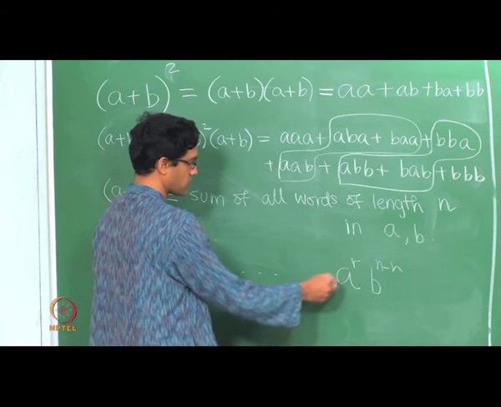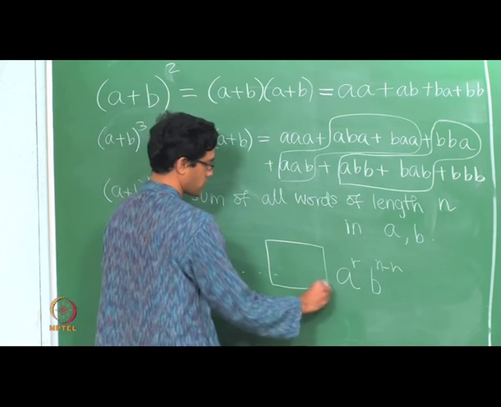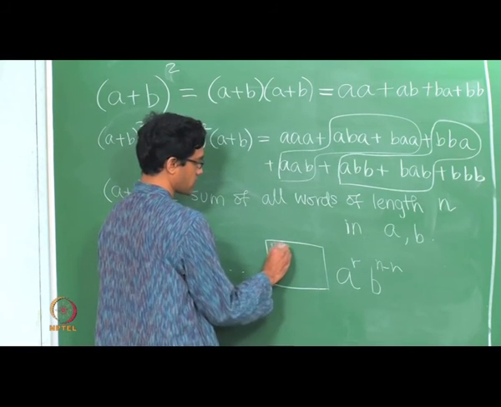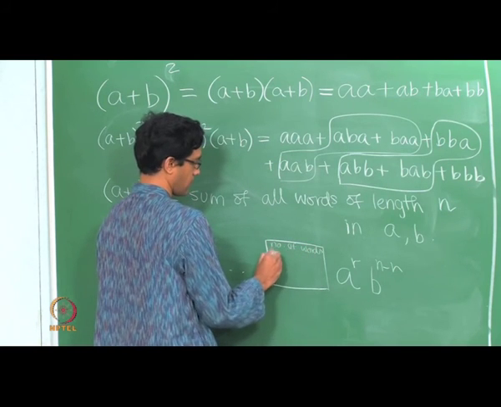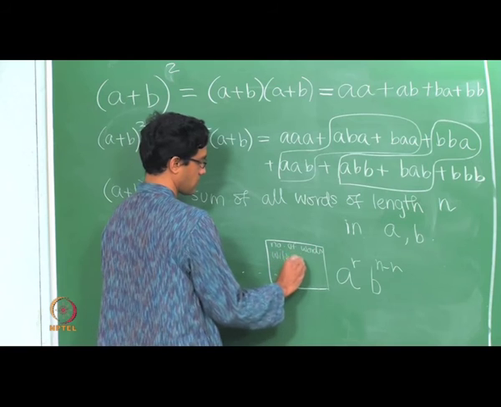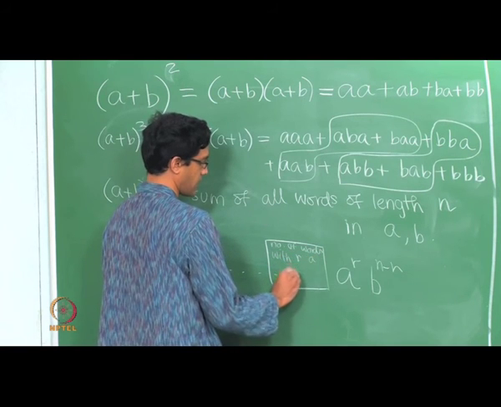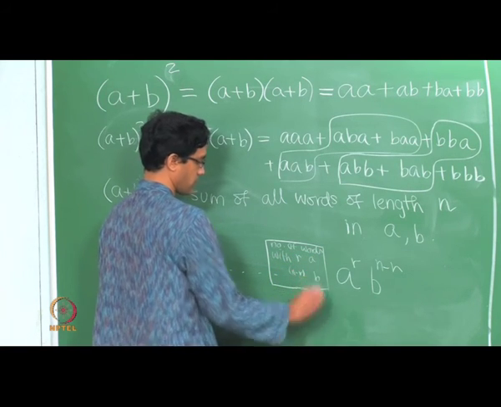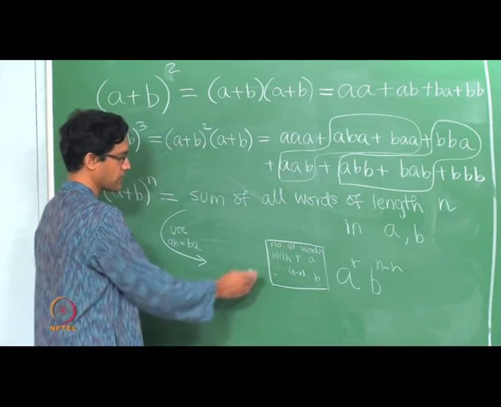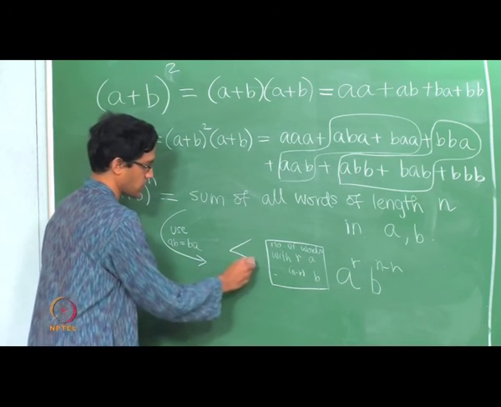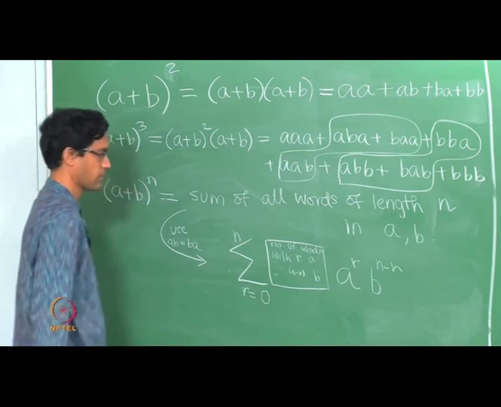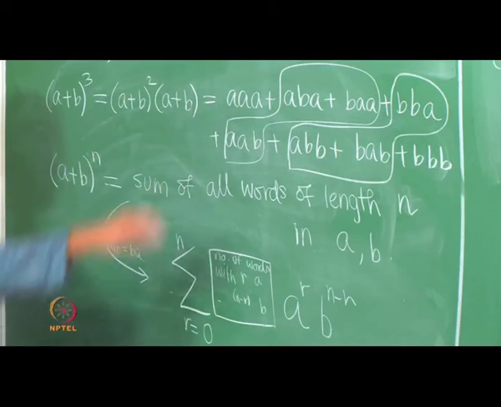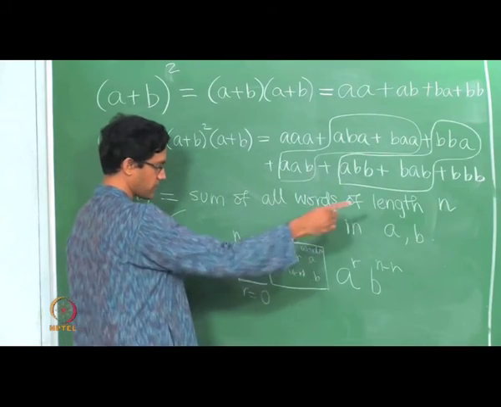So the coefficient of this thing here is just the total number of words with r occurrences of A and n minus r occurrences of B. But that is exactly the thing that we have computed. So this is the sum now over all possible choices of r.